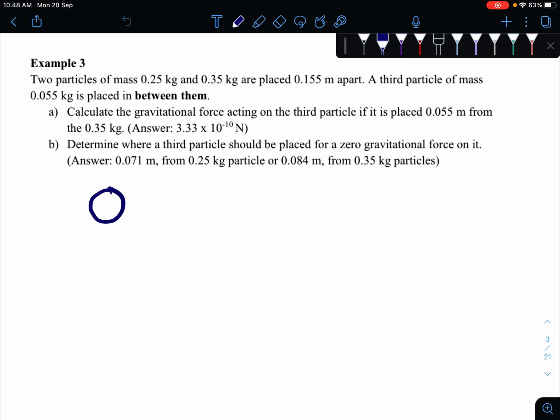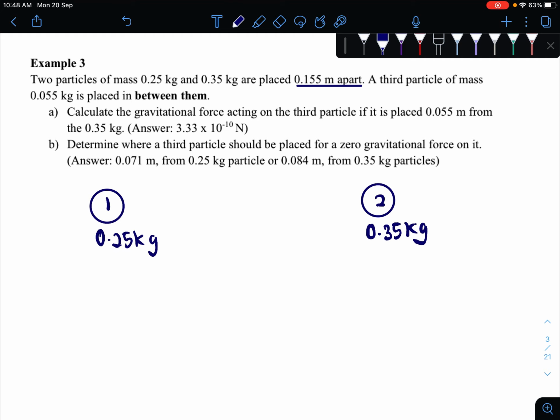So what we have here is particles. Let's say this is M1 with a mass of 0.25 kg and M2 kita adalah 0.35 kg. So we have two masses here which are placed 0.155 meter apart.